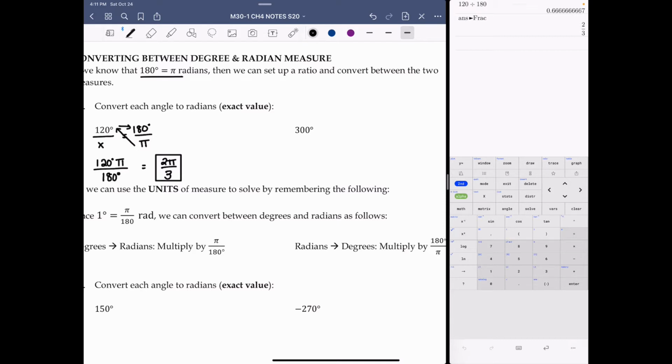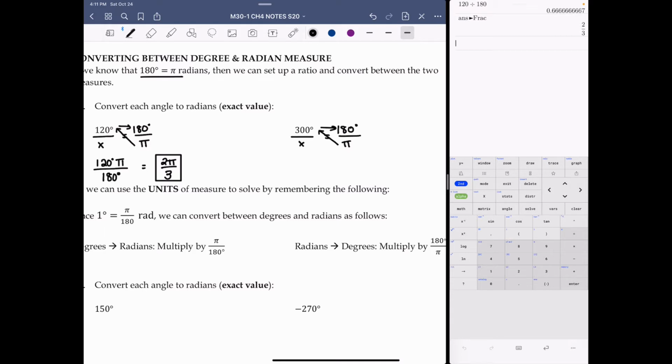Next one, 300 degrees. Same situation. We want to know how many radians is that. So put it over x radians is equal to our ratio 180 degrees on top, because we have degrees on top on the left, over pi radians on the bottom. Cross multiply and divide.